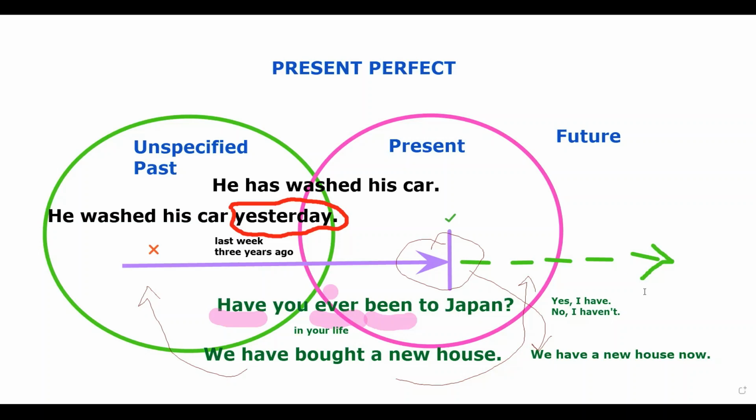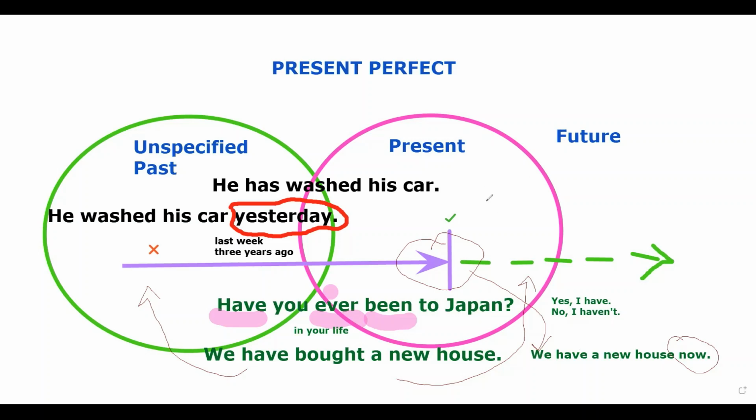So we show the evidence in the present moment. We have the result, we have the evidence. But this tense, present perfect, doesn't show any duration in time. This is very important to consider as well.